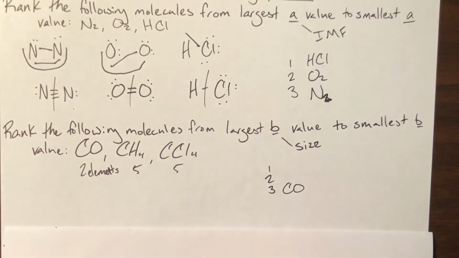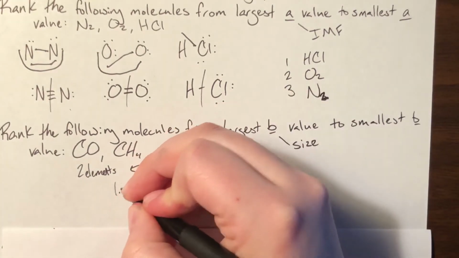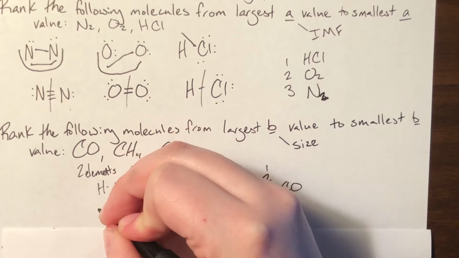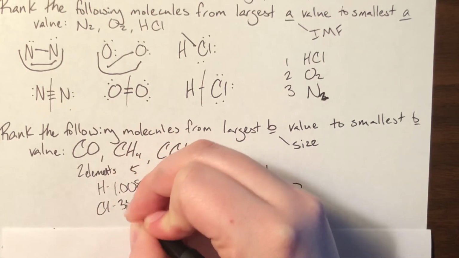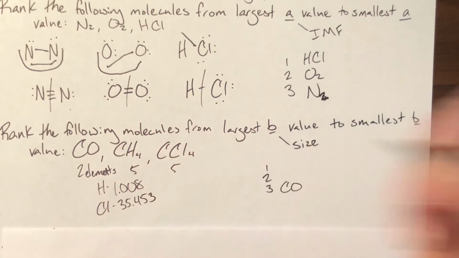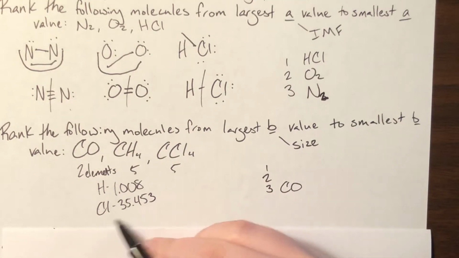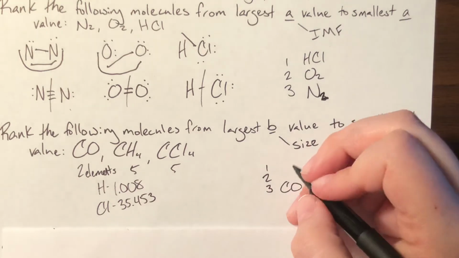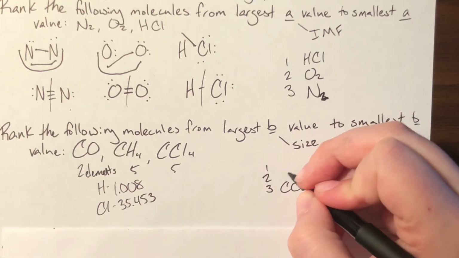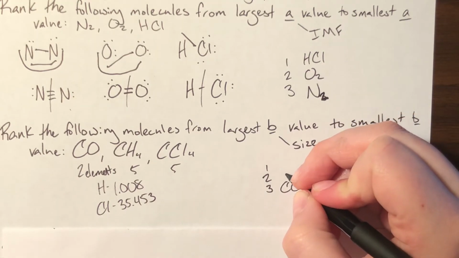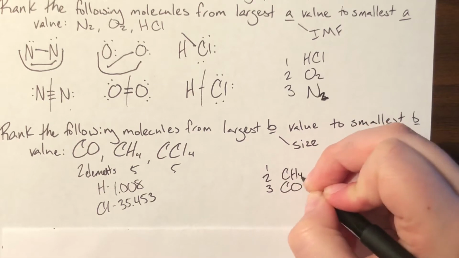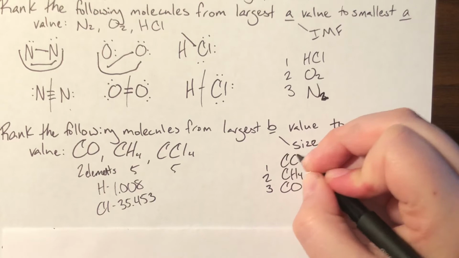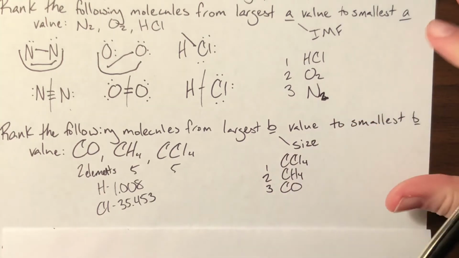So hydrogen's mass is going to be 1.008 and chlorine's mass is 35.453. So obviously if I have 4 chlorines versus 4 hydrogens, chlorine is going to win out, and that is definitely going to be the heavier of the two, making CH4 my second largest B value and CCl4 as my largest.